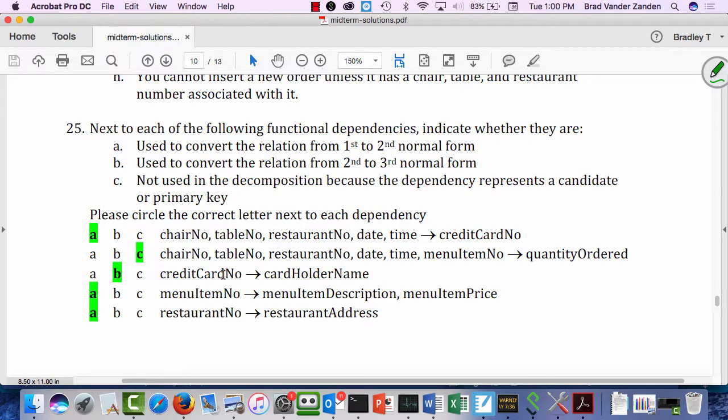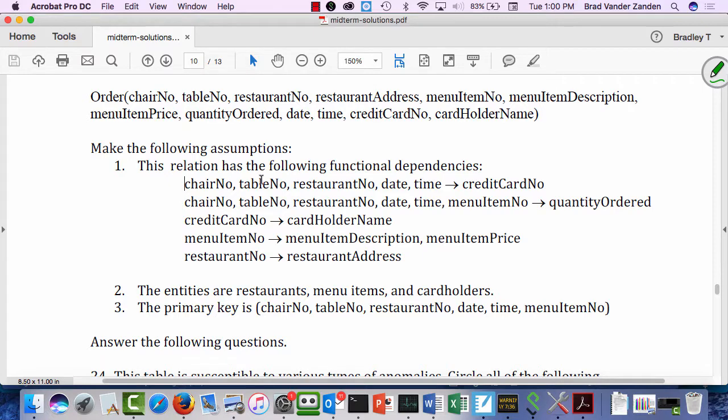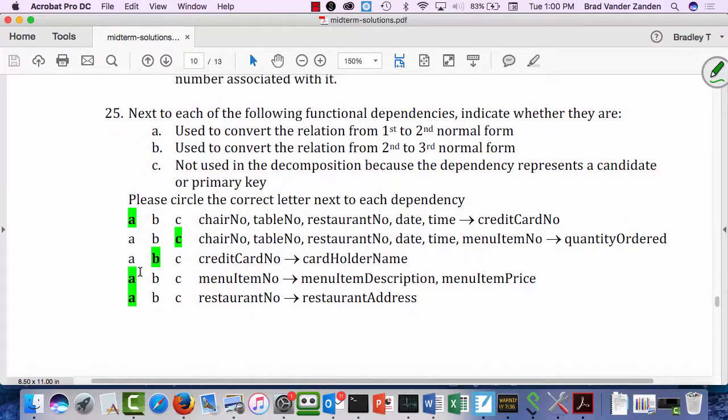Credit card number is determined by this relationship, and it's on the right-hand side, and then credit card number determines cardholder name, so it is a transitive dependency, which is B. And then this one right here that's marked C, that was the dependency involving the primary key.